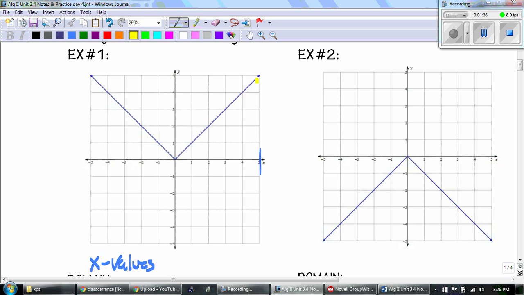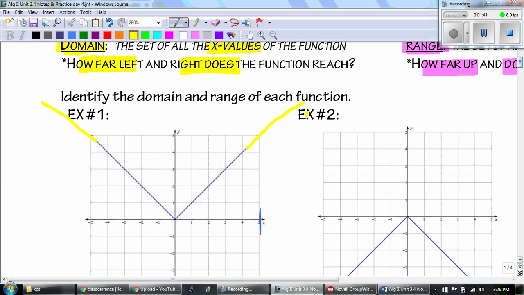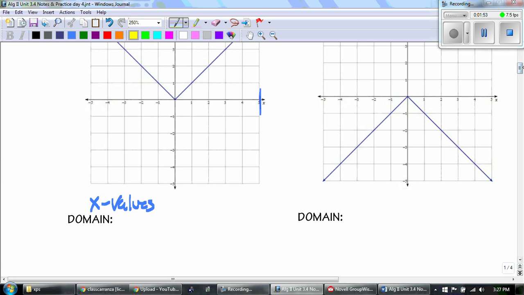Because remember that these are arrows and it goes on and on and on, not only up, but also to the right and to the left. There is no beginning, there is no end in sight. So what that means is, it starts at negative infinity and then ends at positive infinity.